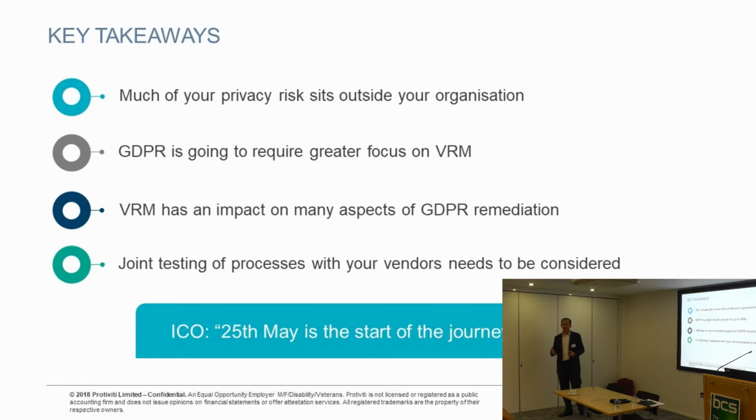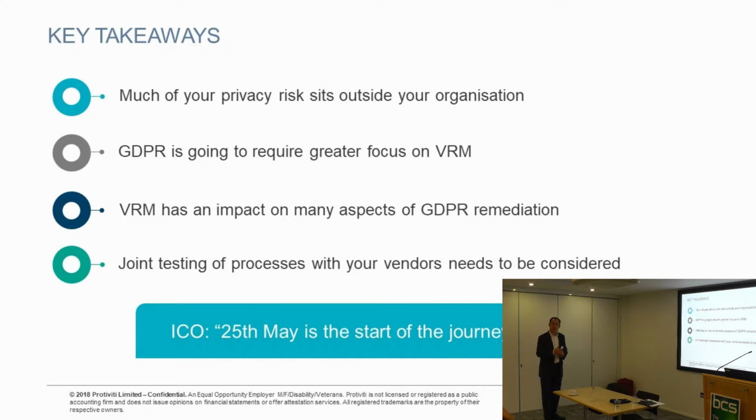Now, if you only test your internal processes, and you're reliant on key vendors to report within your 72-hour window, if they don't report to you for 48 hours, your ability to actually report to the ICO in 72 is going to be challenging. Lawyers are having debates about when the clock for 72 hours starts.